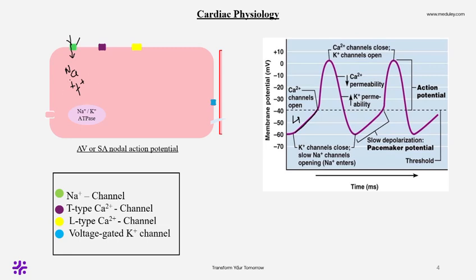Now, this positiveness of the cell will activate the calcium channels. When this activates the calcium channels, it makes the calcium channels open. As these calcium channels open, the sodium channels get closed and calcium enters into the cell.